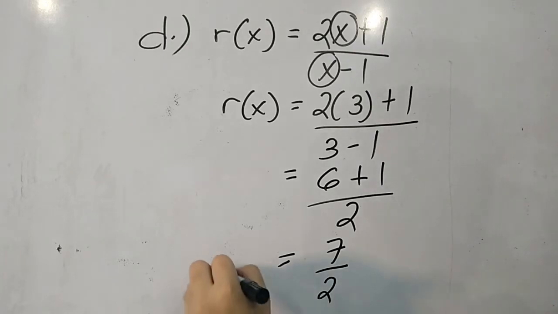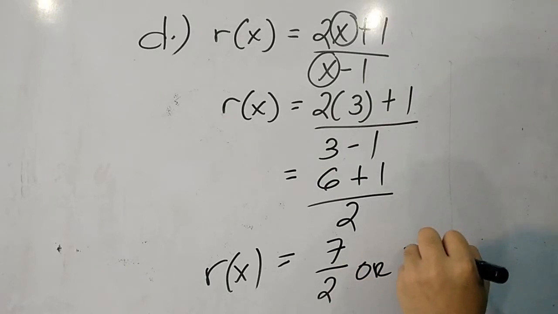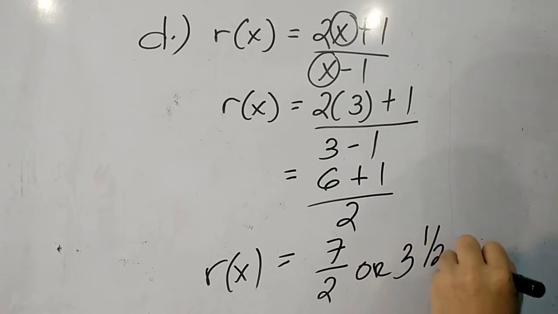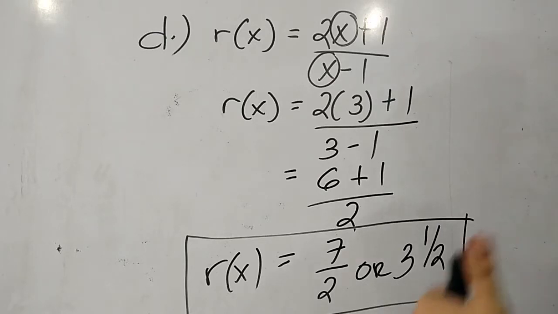So, the answer is 7 over 2 or change it into a mixed number and that gives us 3 and 1 half. Meaning, the value of r of x is equal to 2x plus 1 over x minus 1 when x is equal to 3 is 7 over 2 or 3 and 1 half. Easy.